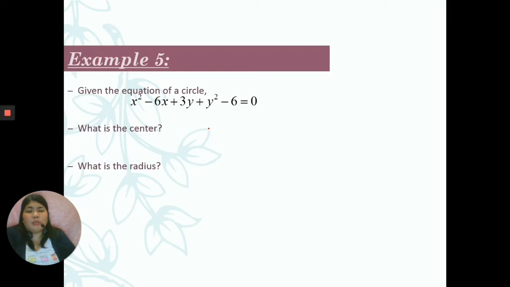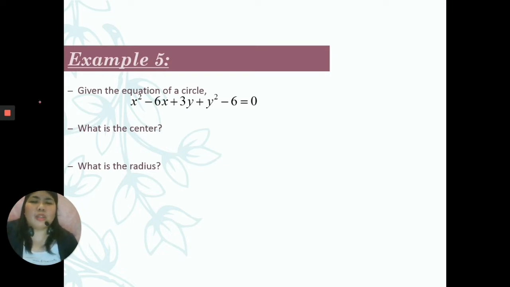But we will need to find the center and the radius of the circle using this equation. To do that, first you have to complete the square, so we will use completing the square in solving for the center and the radius.